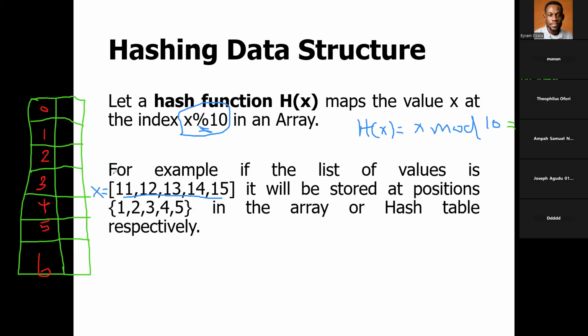So if we take the first value of x, which is 11, we pass 11 through the hash function. This gives you h of 11 equal to 11 mod 10. And what would that give us? Anyone? 1. Okay.